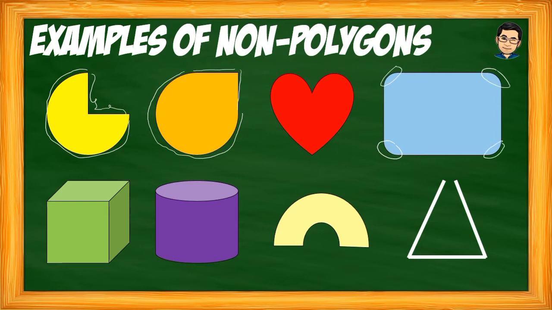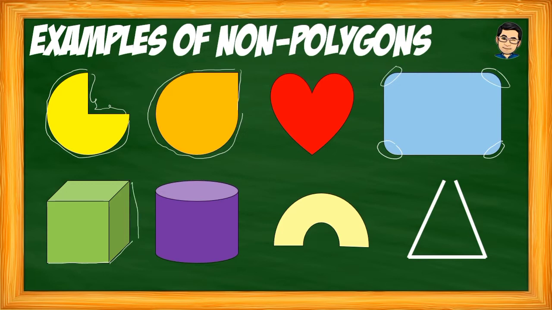On the fifth figure, if you look, its sides are straight. What makes it a non-polygon? It is because it is three-dimensional. It has what we call length, width, and height.